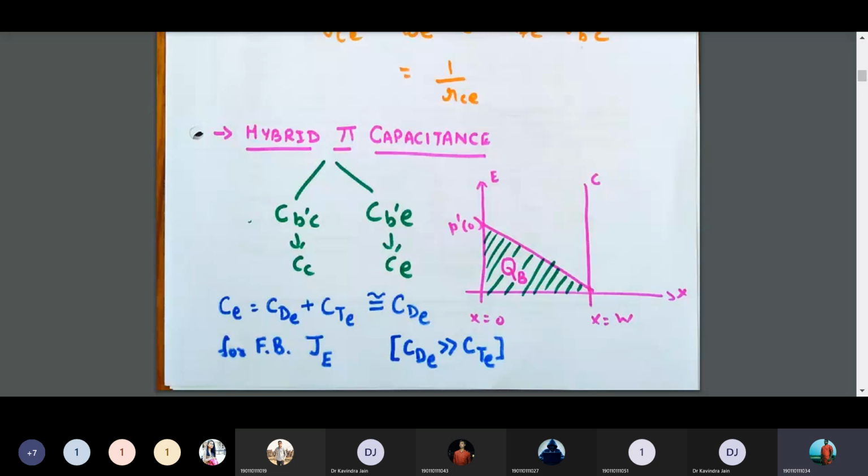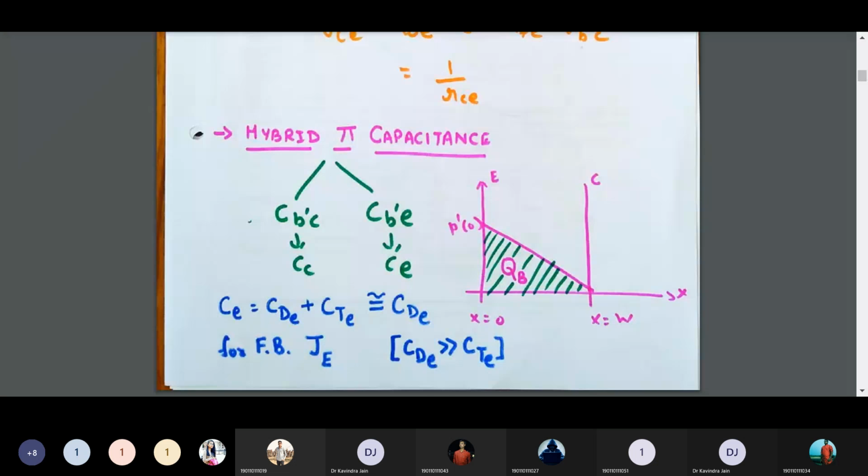Yes, sir. Now, as you can see in the graph, there are two things. One is at x equal to 0 and one is at x equal to W. There are two things written on the top, that is E for emitter and C for collector.